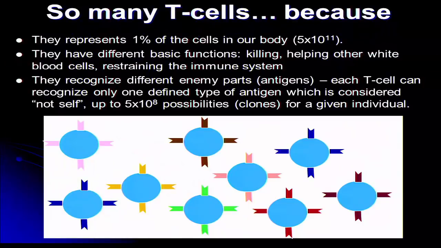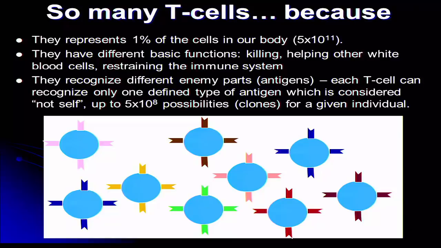So now, seriously, 1% of our body is made of T cells. Those T cells can help other T cells to function, can kill by themselves other cells in our body that are infected with a virus or with cancer. Those cells can even restrain the function of the immune system so that it won't kill normal cells and won't cause what we call autoimmune diseases.